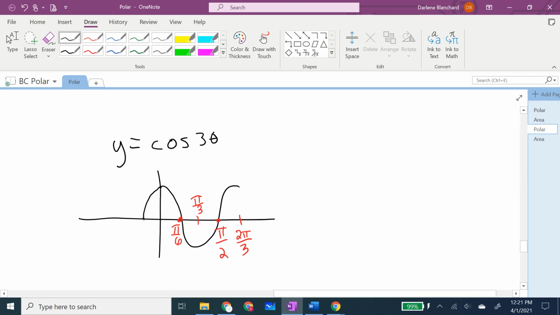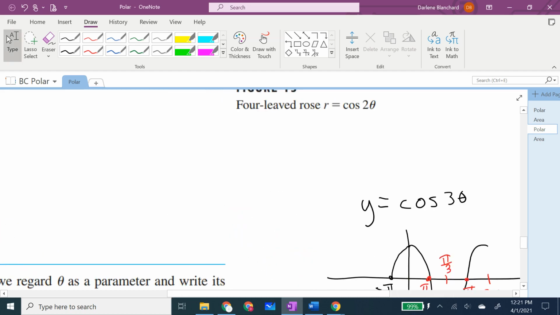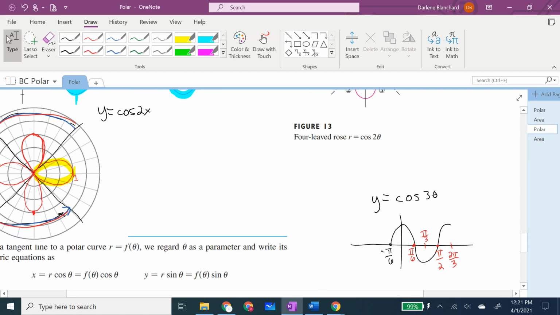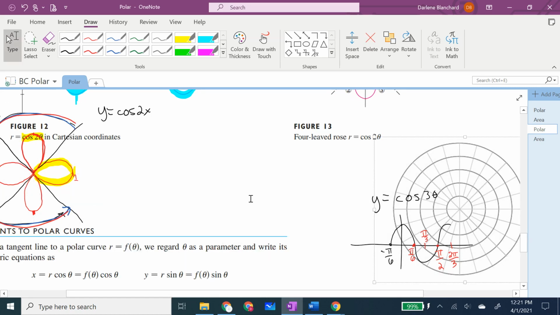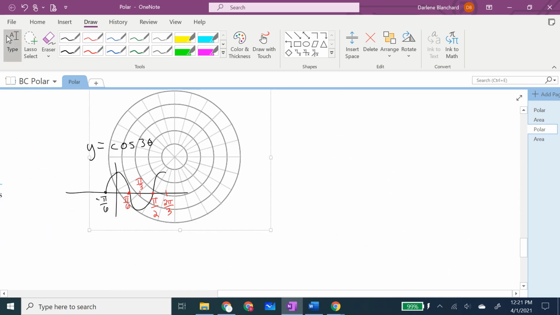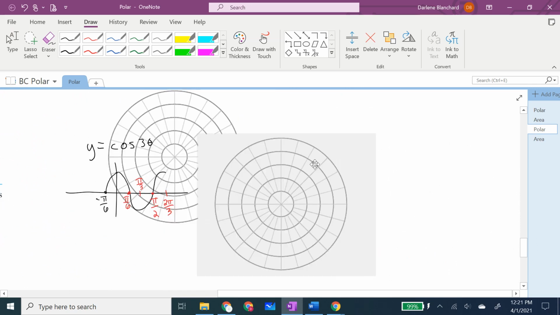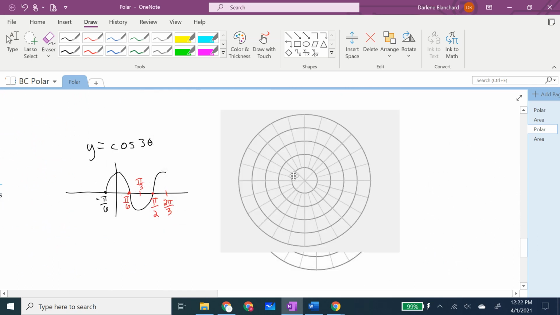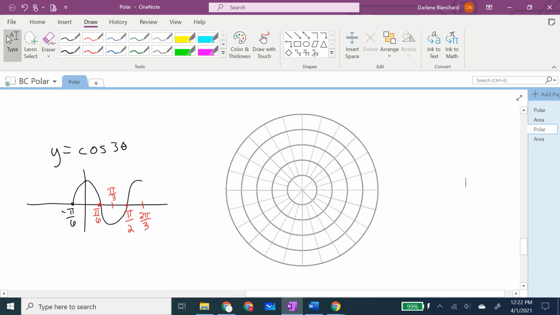I want to make sure to go about it this way. Let me grab my grid. And let's see how this one plays. All right.